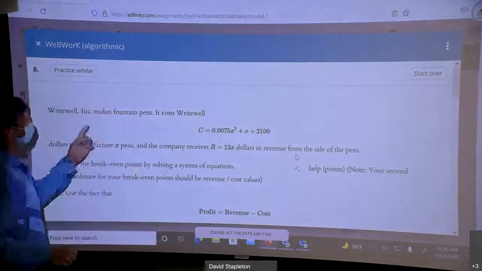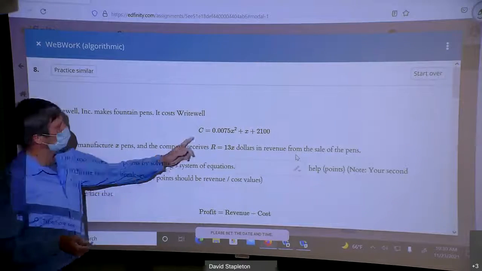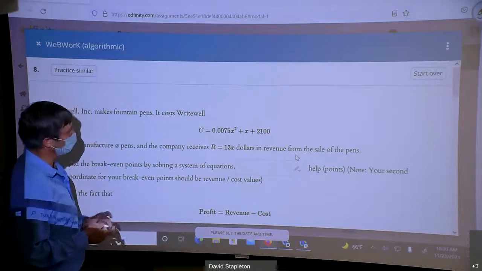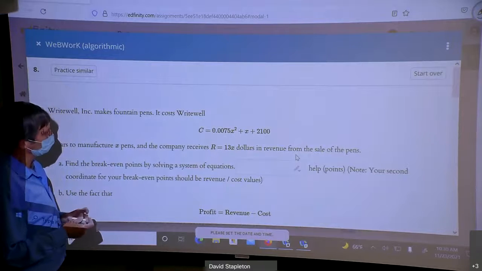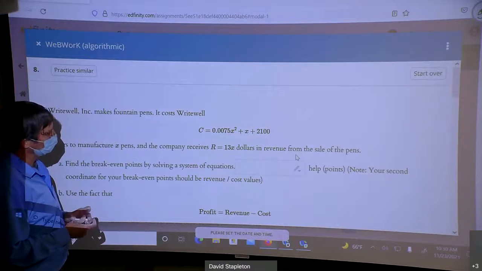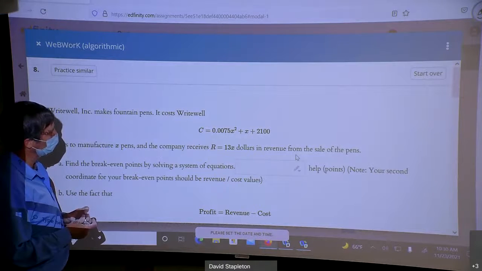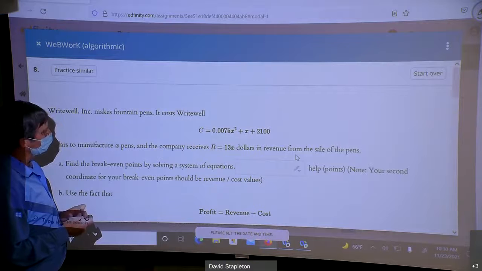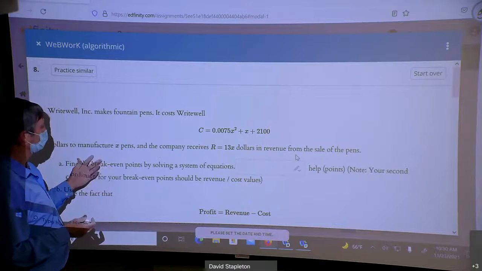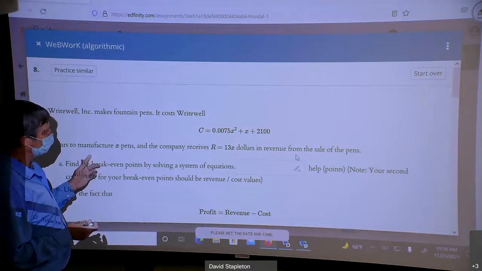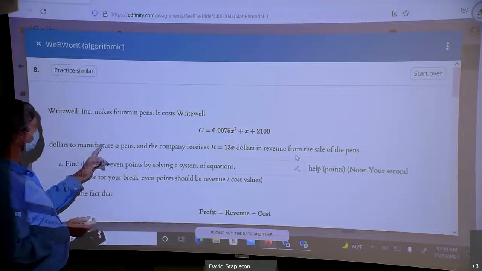Rightwell makes fountain pens. It costs Rightwell this many dollars. It's parabolic, and sometimes this works this way because it might be that it costs you. Well, let's do this part.